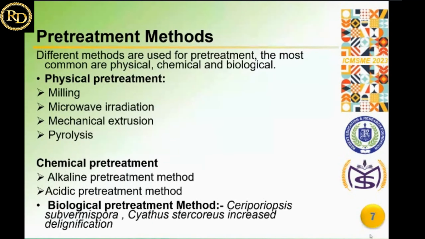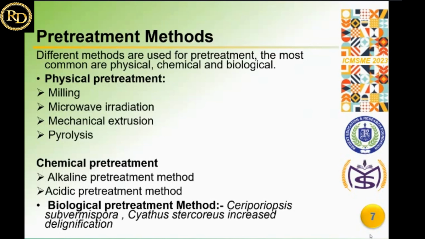In pyrolysis, the temperature is generally around 500 to 600 degrees, but there is also another method of pyrolysis, torrefaction. Torrefaction uses temperatures of around 140 to 300 degrees without the presence of oxygen. This is a relatively slow temperature method, and it is generally used in pre-treatment.